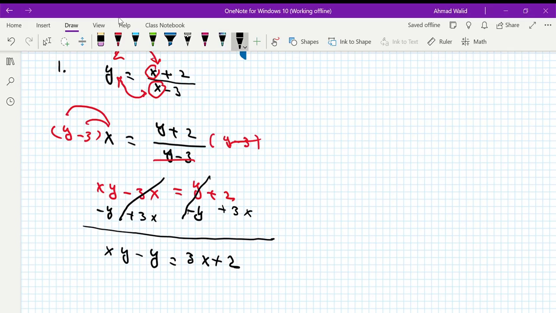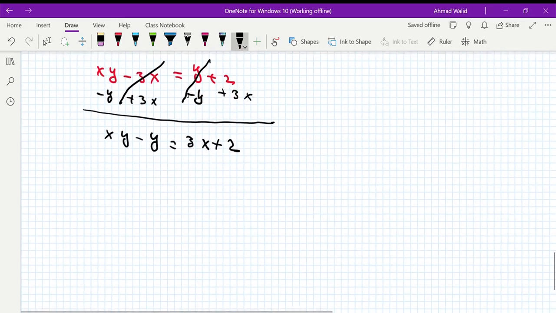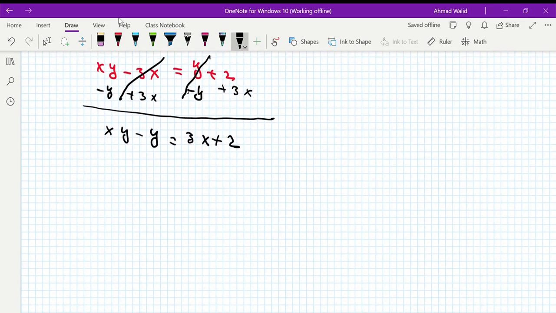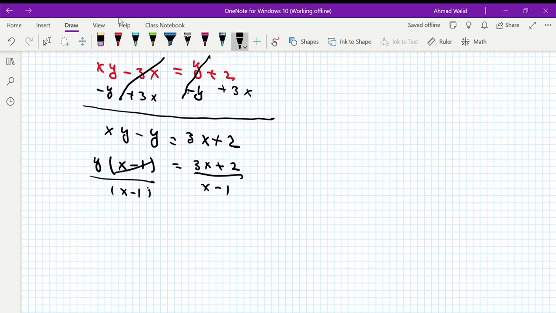Correct? Now, next step, I'll take y as a common factor. y times x minus 1 equals 3x plus 2. To solve for y, I have to divide both sides by x minus 1. These two cancel out.